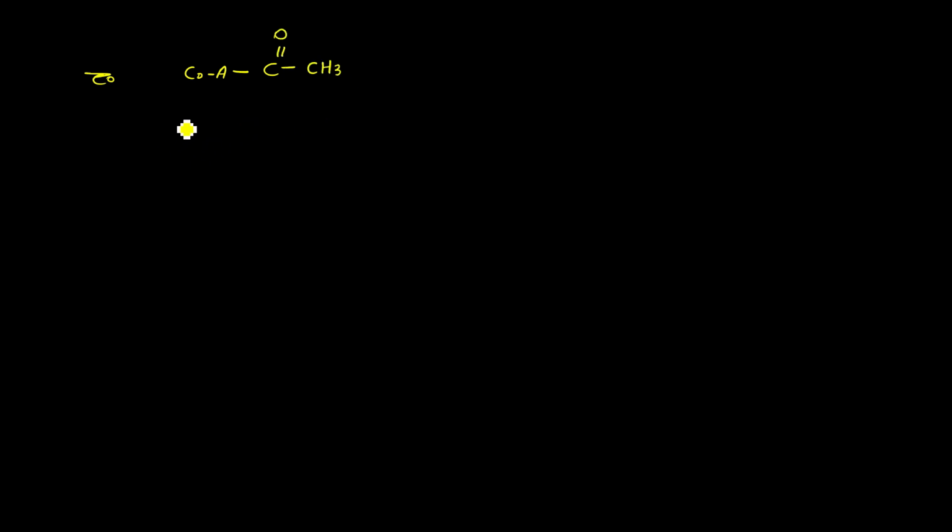This is our acetyl coenzyme A. This carbon over here is the alpha carbon, so its hydrogen has acidic properties. With a biological base, we can convert this into an ionic form like this.